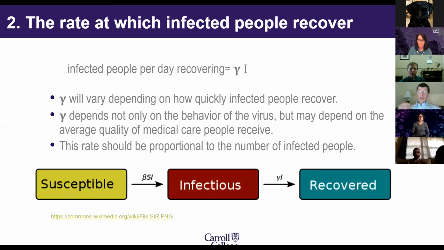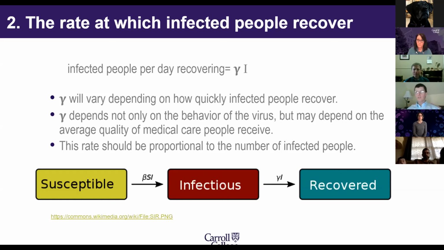And then the other rate we have to include is the rate at which infected people recover and get better. And so we're going to assume again that that's going to be proportional to the number of infected people. The more infected people are out there, the more are going to be getting better. And then we'll put a constant on that, gamma, which will describe how quickly infected people recover. This is going to depend on lots of things, not only on the properties of the virus itself and the human immune system, but also on things like how well people take care of themselves and the quality of medical care people receive.